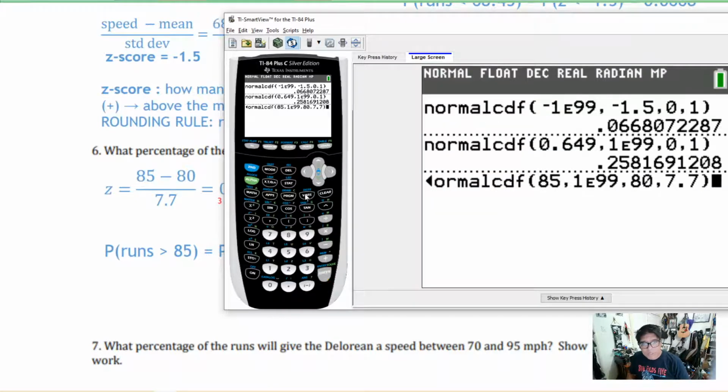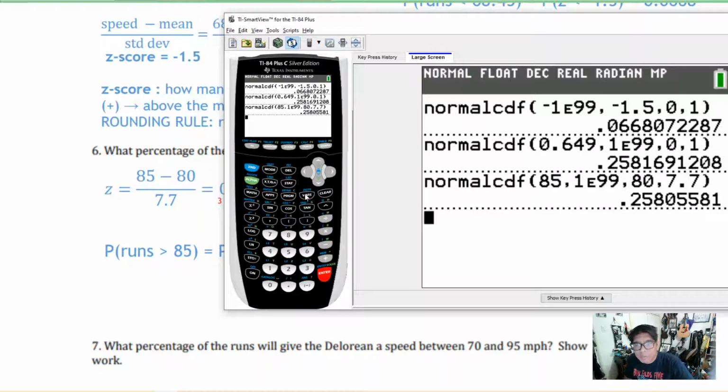I can crunch this number as well, and I should get something very close. Actually, this rounds to 0.2581, so it's accurate within that fourth decimal place. Really close, depending on which one you use.